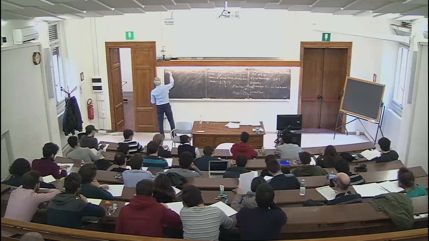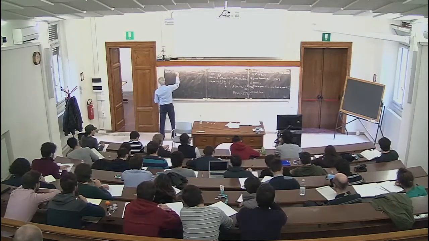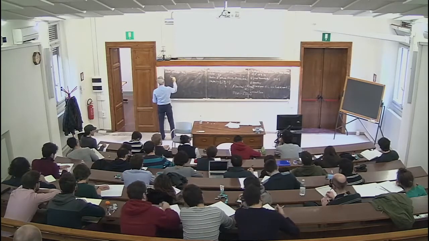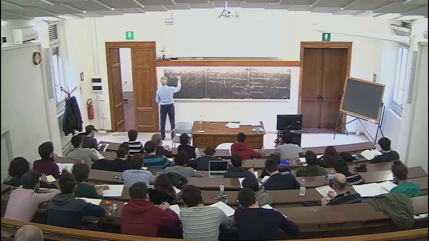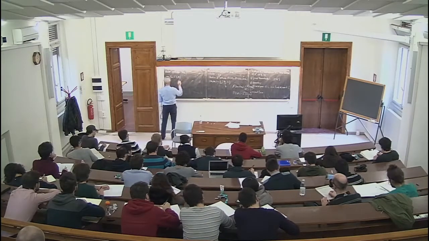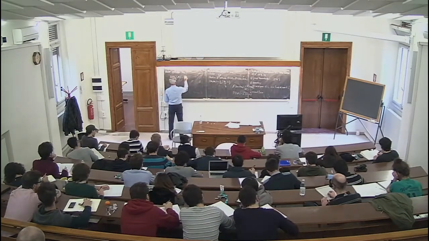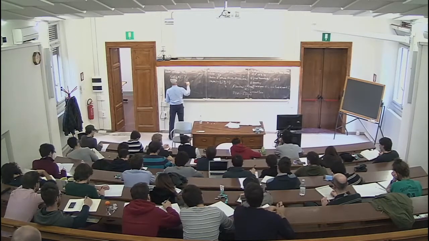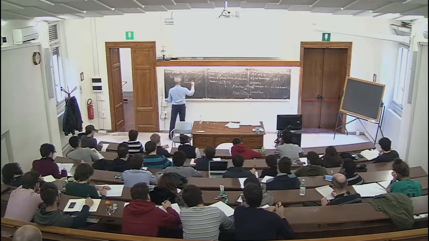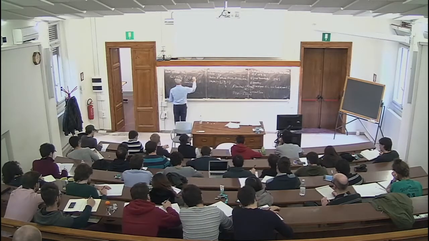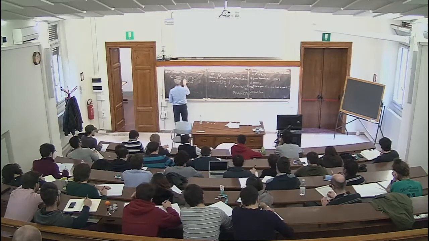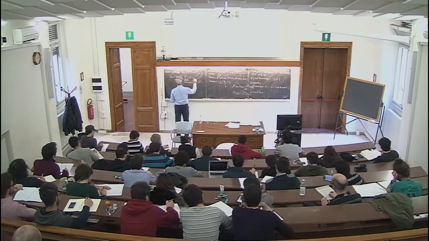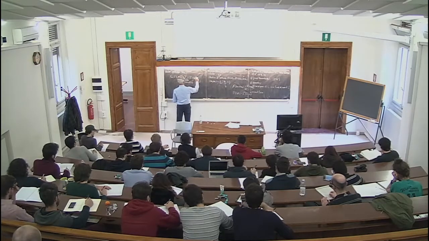So the Hecke operator Tm acting on a function of a lattice lambda is simply the sum over sublattices that have index m times the function evaluated on the sublattice.